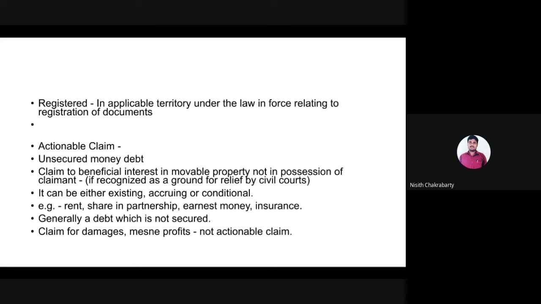So it is not in your possession. It is just a bond they have given, so that you know there is this much amount, but actually it is not in your possession. In that case it will be deemed to be an actionable claim. You can take an action if they do not give you the money.